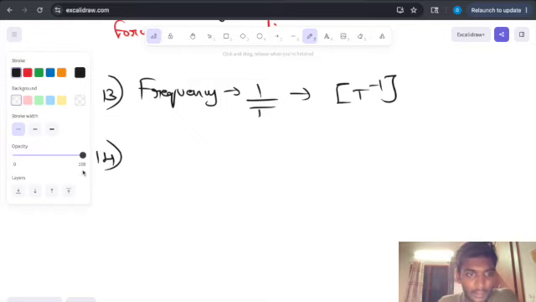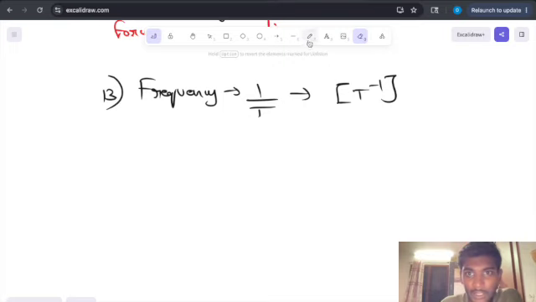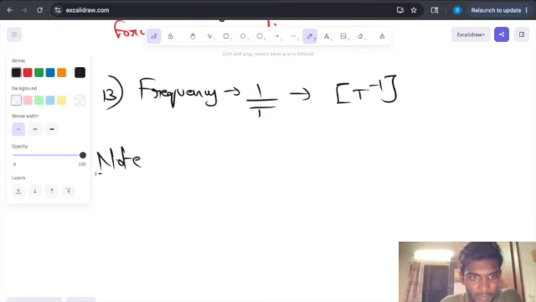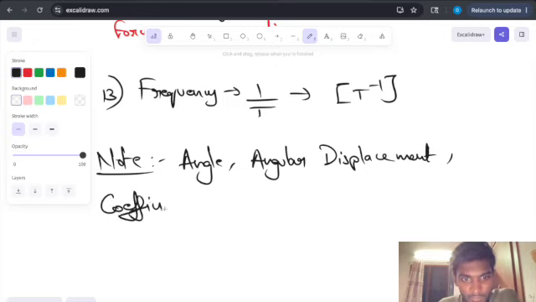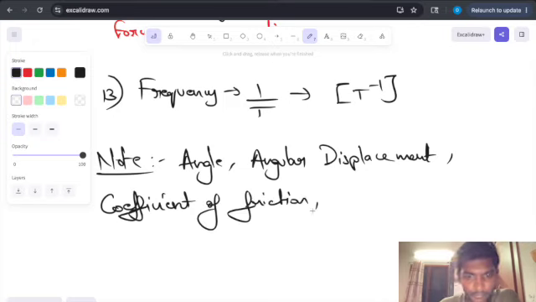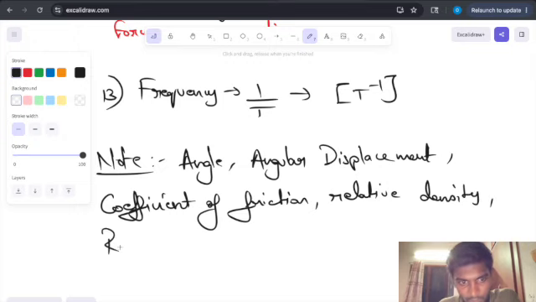Before moving on to our 14th physical quantity, I would like to make a note point. Angular displacement, coefficient of friction, relative density, Reynolds number.